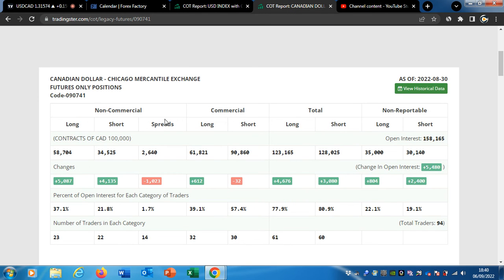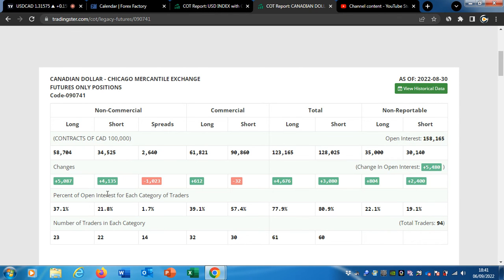Now, checking the Canadian dollar, we can see relatively the same results: 5,000 long trades added by non-commercials, with 4K plus added shorts from non-commercial traders. So this is basically a tug of war between the buyers and sellers for both currencies.